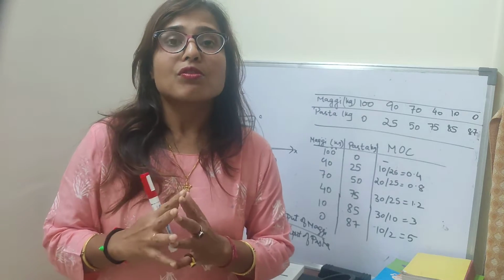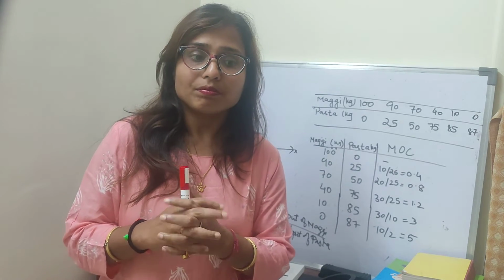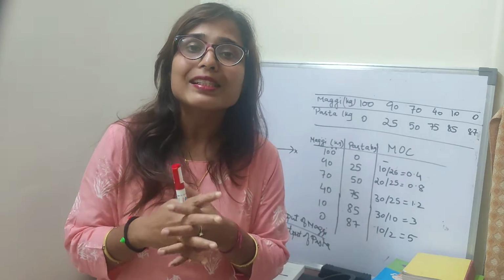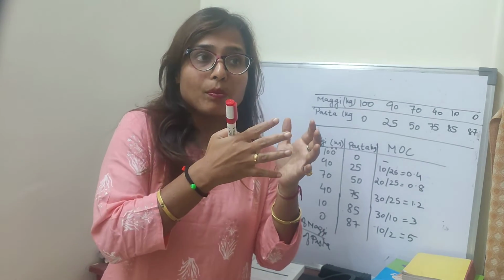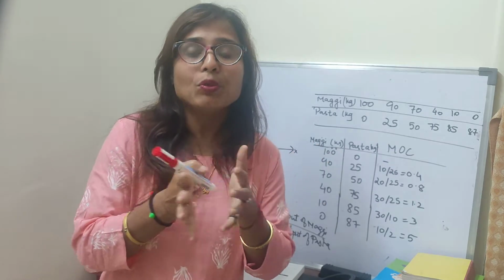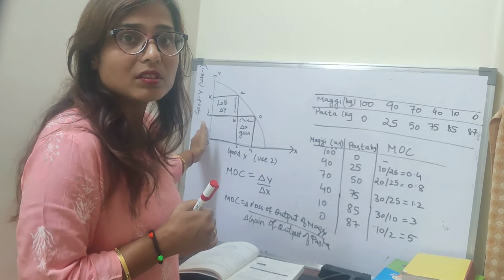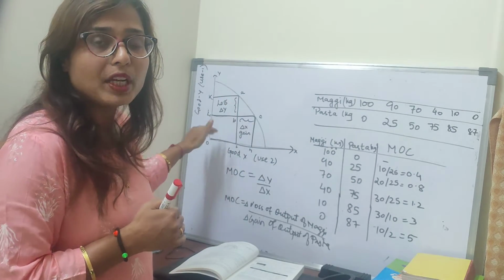marginal opportunity cost rises. What is the reason behind it? Marginal opportunity cost rises because when we are producing an extra unit of good X, we have to sacrifice good Y. Is it not so? That's what we are doing.